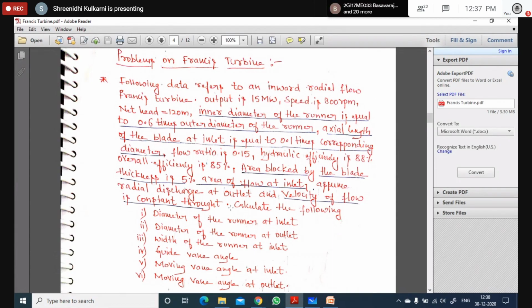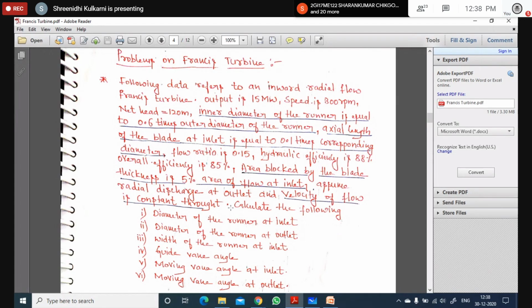Calculate the following: diameter of the runner at inlet, diameter of the runner at outlet, width of the runner at inlet, guide vane angle, moving vane angle at inlet as well as outlet. So here we have to find D1, D2, width B1, guide vane angle.